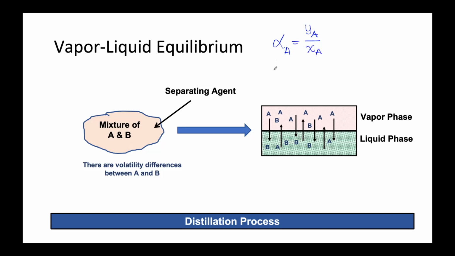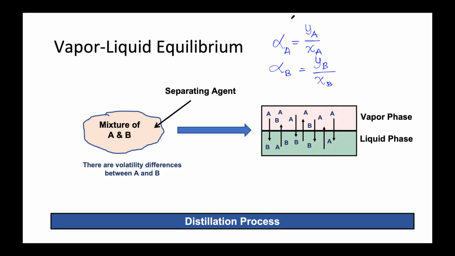Also I define the volatility of beta, for component B: the mole fraction of B in equilibrium in the vapor phase, divided by the mole fraction of B in the liquid phase.